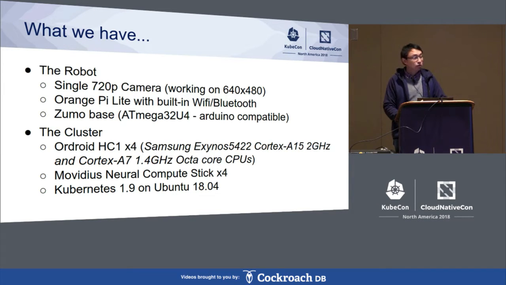It's an octa-core CPU. You think it's 8 cores, but wait, it's actually different. It has 4 big cores running at 2 gigahertz, and another 4 little cores running at 1.4 gigahertz. That's called big.LITTLE architecture. We also need a corresponding Movidius compute stick for each of the nodes.